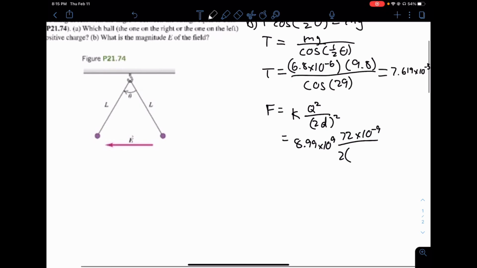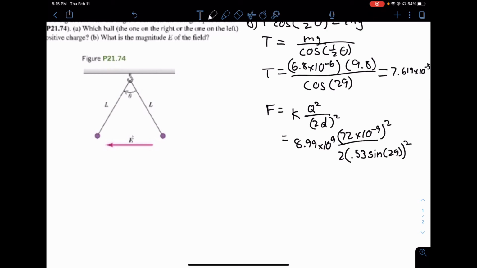So it would be the length of your wires, which is 53 times sine of half the angle, which is 29 again, and all of that is squared. Sorry, I forgot, this charge up here is also squared.